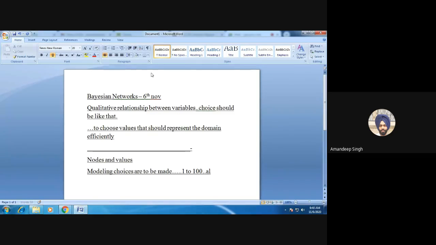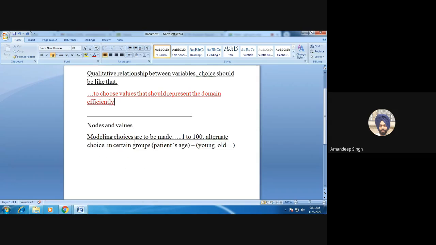Or the alternate choice could have been certain groups: the patient's age could have been captured in terms of young, old, and other groups. The different ways are there, but the ultimate thing is the values should be able to represent the domain effectively. That should be our objective while building Bayesian networks.